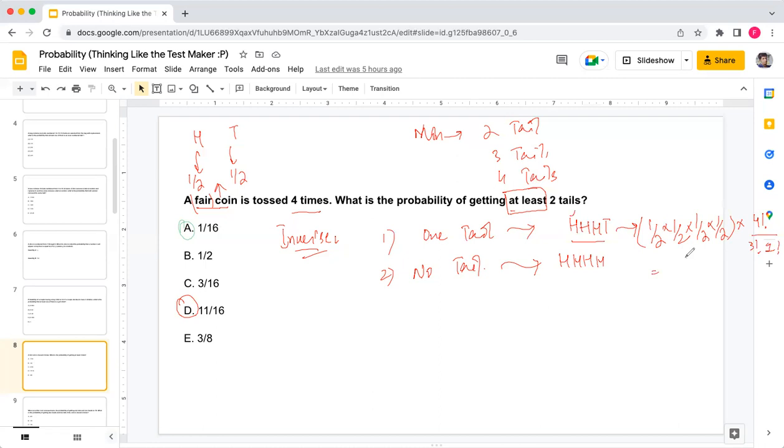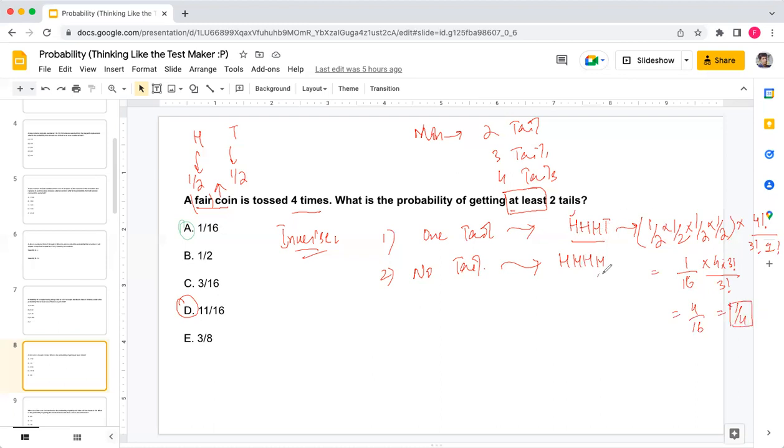So this will be 1 by 16 into 4 factorial, that is 4 into 3 factorial divided by 3 factorial. So this is equal to 4 by 16, which is 1 by 4. And if I did anything wrong, please let me know.